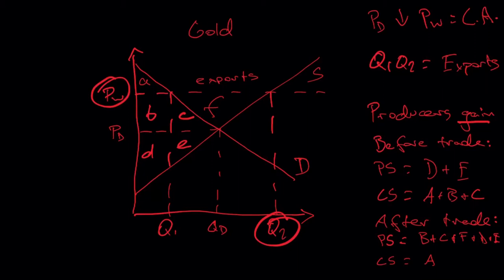Now, total welfare does increase. There's no deadweight loss in this diagram, and area F equals the increase in total surplus that is the result of trade.